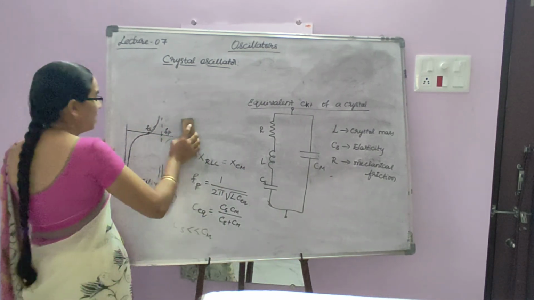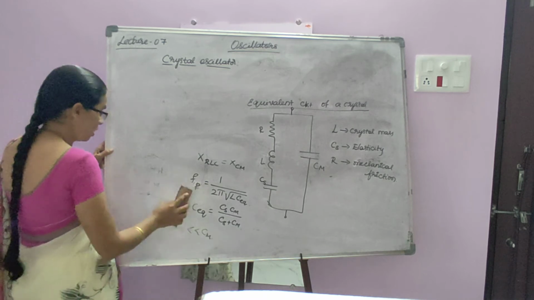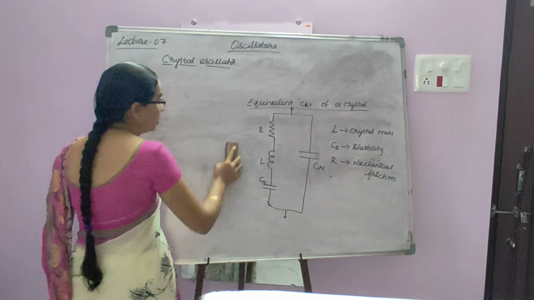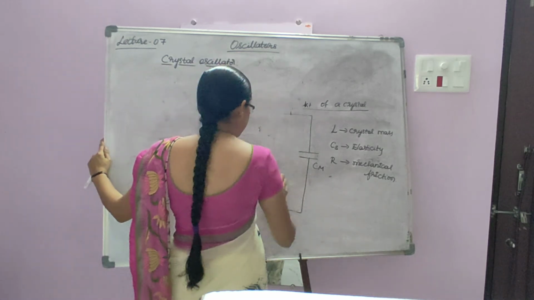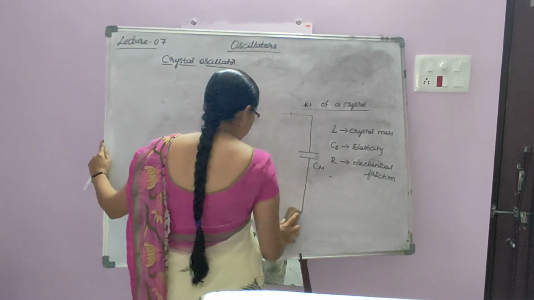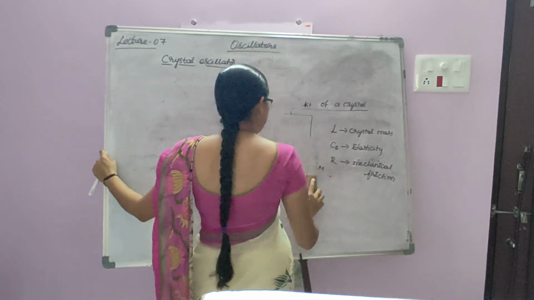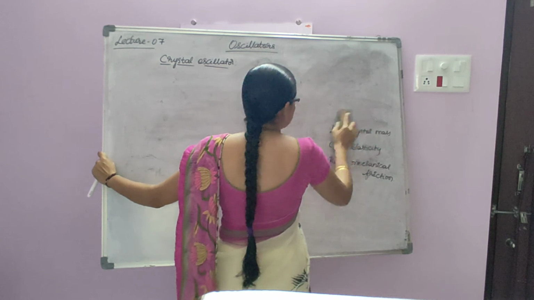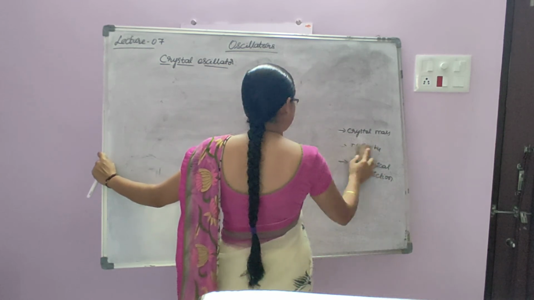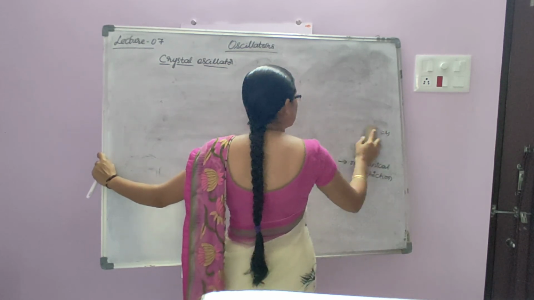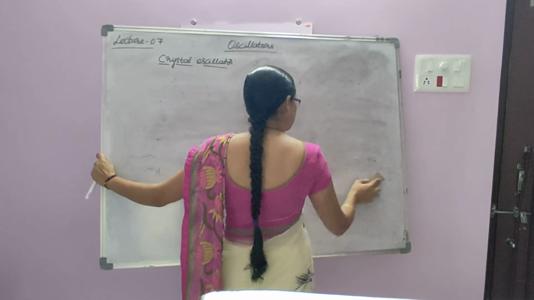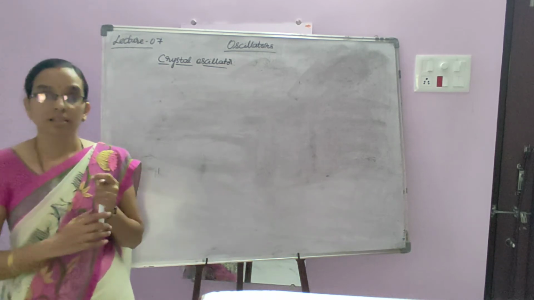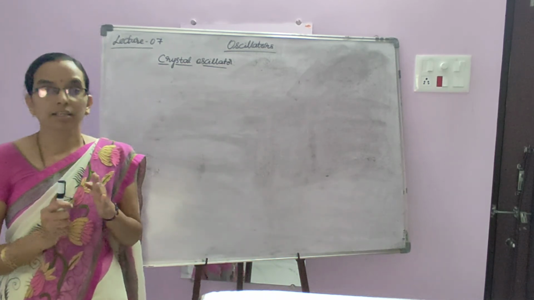So we already have LC oscillators and RC oscillators. Then we also have a crystal oscillator, right? The main thing in oscillators is frequency stability. As we have studied, LC oscillators are not as stable as RC oscillators.